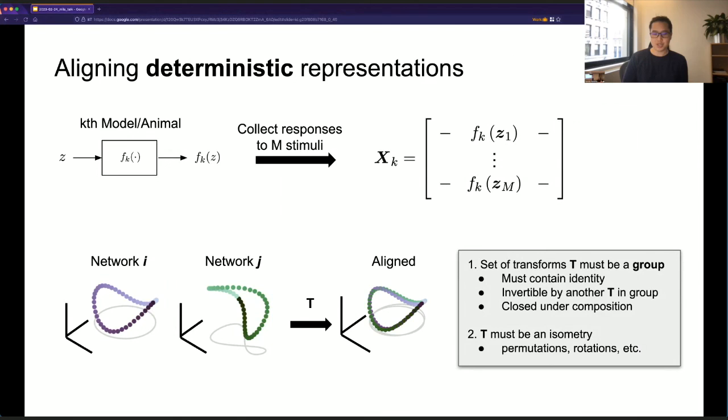One that we took was a very fast SVD approach, where we guarantee that T will always be an orthogonal matrix, and that helps. If you want it to be a permutation, then to align them, you can solve a simple, off-the-shelf linear system, like a Hungarian algorithm approach, and that will also guarantee that you get a permutation. There are some caveats to that, but for the most part, that's true.